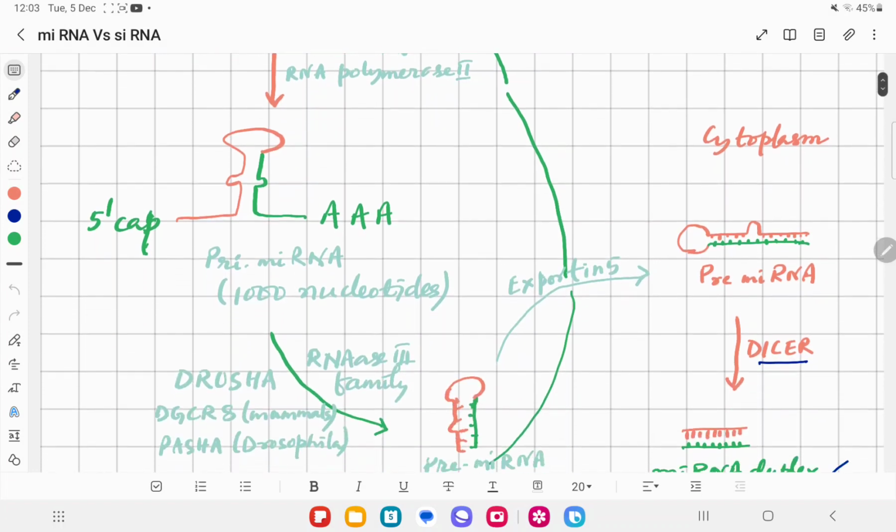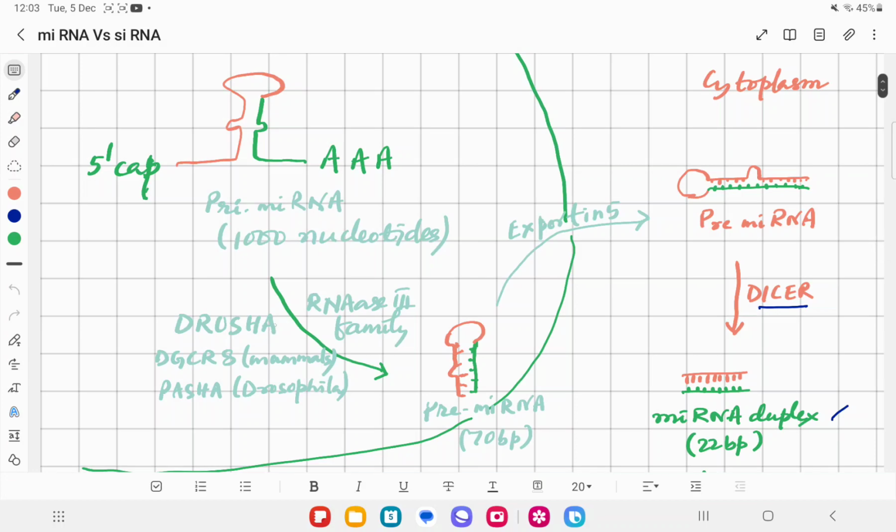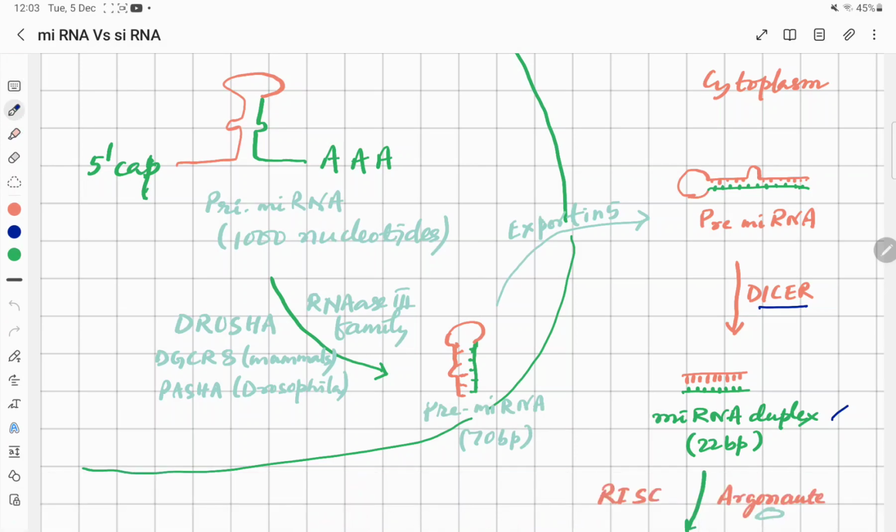Then by the action of the RNase III family of enzymes like Drosha in addition to DGCR8 in mammals, Pasha in Drosophila, there will be an about 70 base pair pre-microRNA, and then this pre-microRNA moves through the nuclear pores from the nucleus into the cytoplasm by the transporter exportin 5.